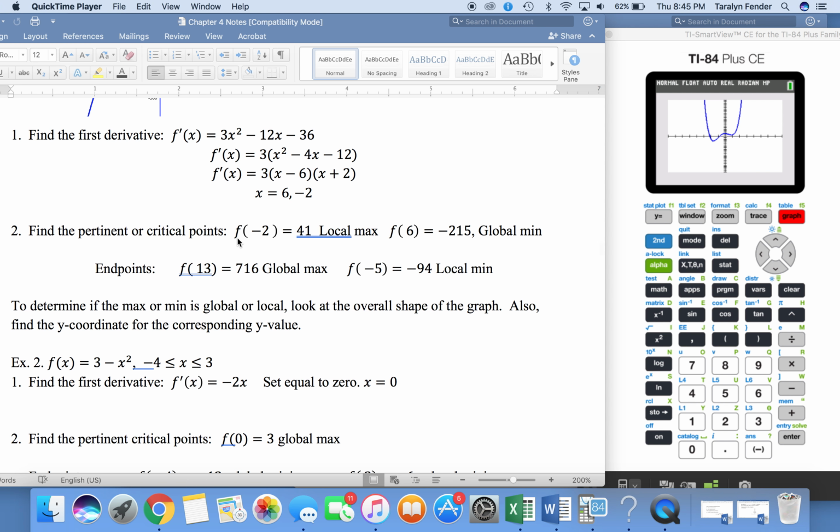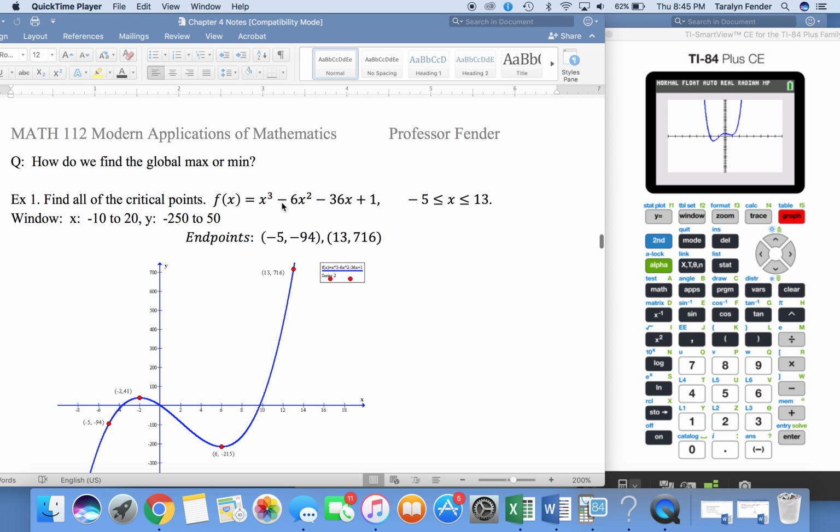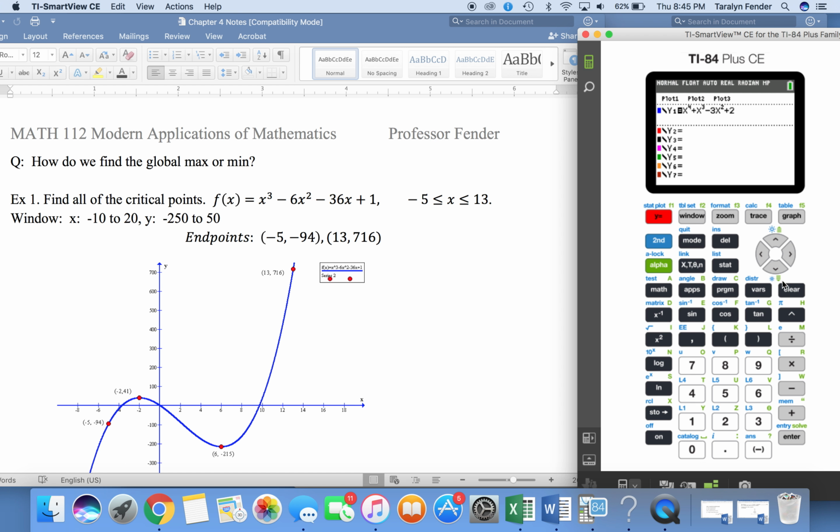So we plug the original function into our calculator. We go to y equals and we plug in the original function, x cubed minus 6x squared minus 36x plus 1.